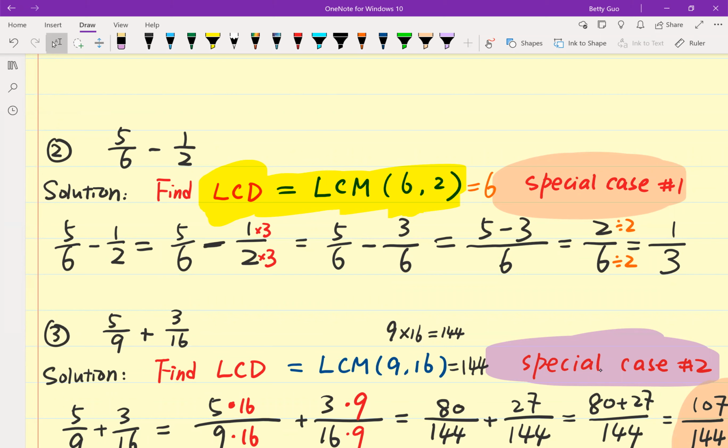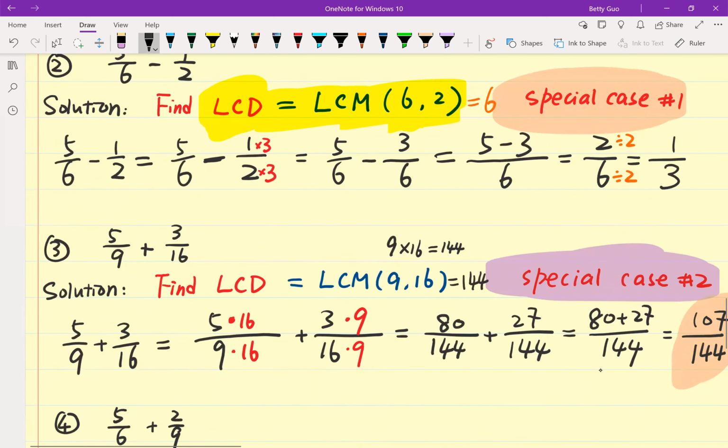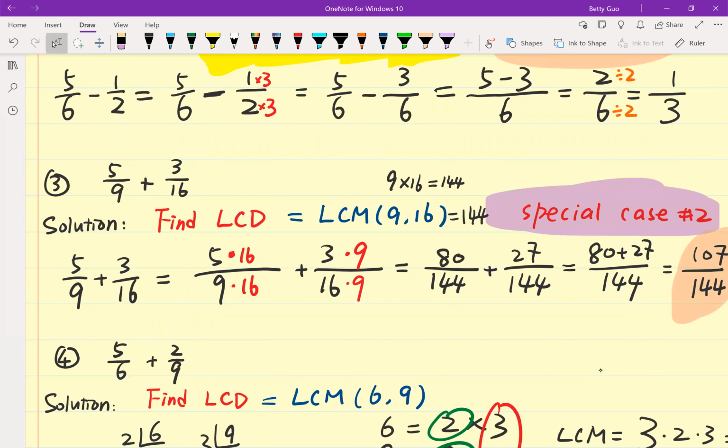And number 2 is the special case number 1. When you find the least common multiple of the two numbers, the bigger number is a multiple of the smaller number. Do you see that? Example 3 is the LCM of the two denominators is their product because the two denominators are mutually prime. The second special case.